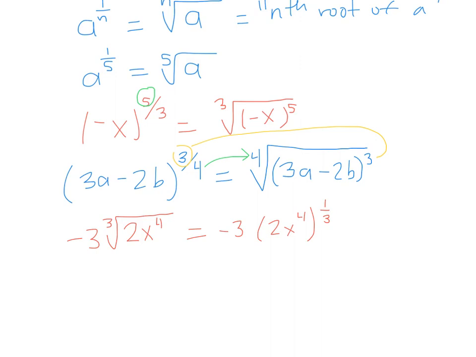Right, we want to write this without parentheses, so we'll keep that negative 3. If we distribute that exponent of 1/3, we can write that as times 2 to the 1/3, and then distributing it to the x to the 4th, where we're going to multiply the 4 and the 1/3, we get x to the 4/3. And we now have converted that radical to an expression with rational exponents.